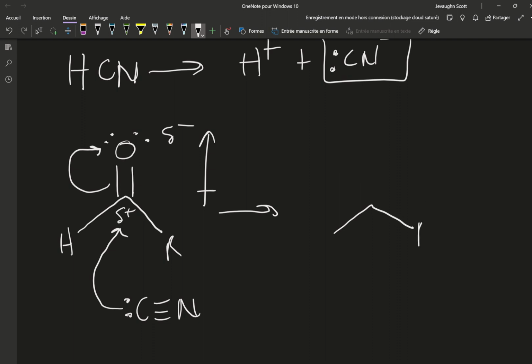We're going to end up with something that looks like this. This looks weird, so let me just draw it like this and draw the hydrogen going into the back.